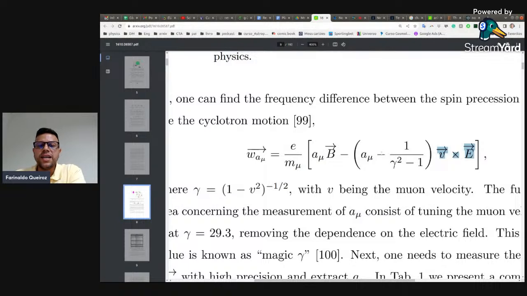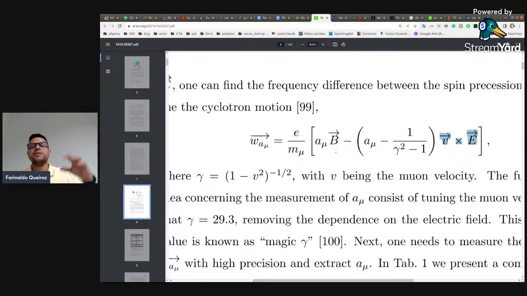So what these guys do is pretty amazing. They made the setup in such a way that this term right here is smaller than mu. For instance, they tune the velocity of the muon when it enters the ring so that they can neglect the electric field component in the ring.